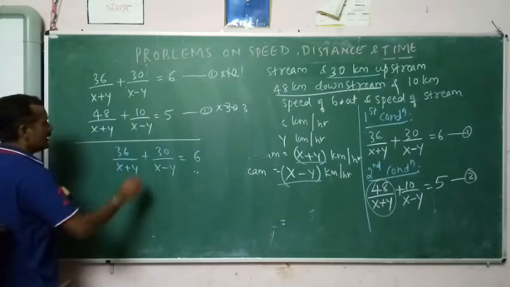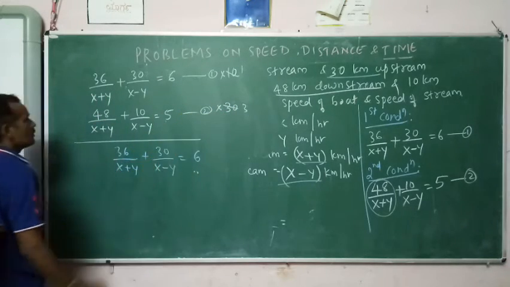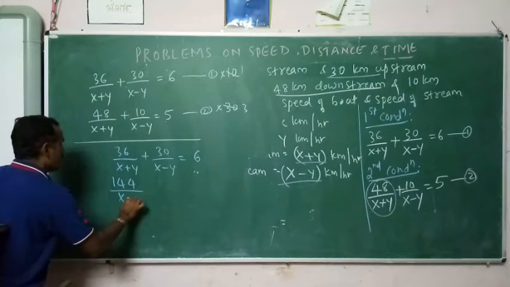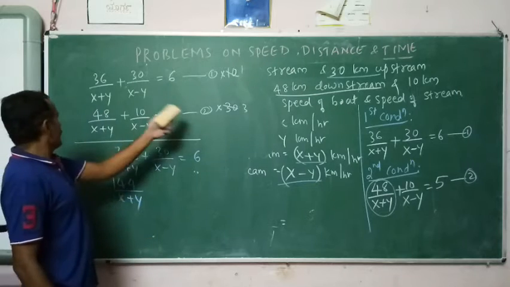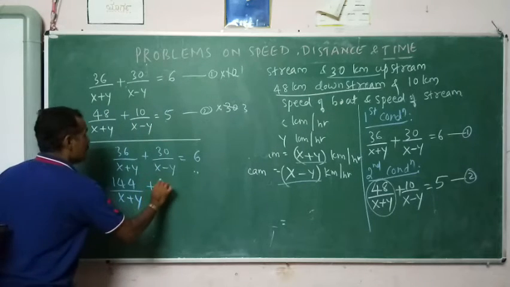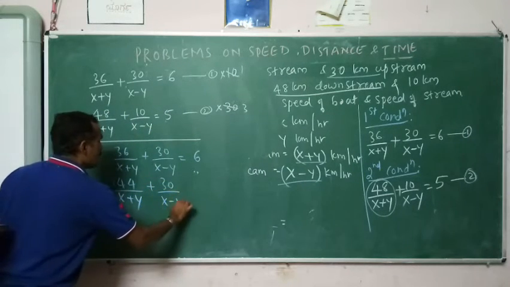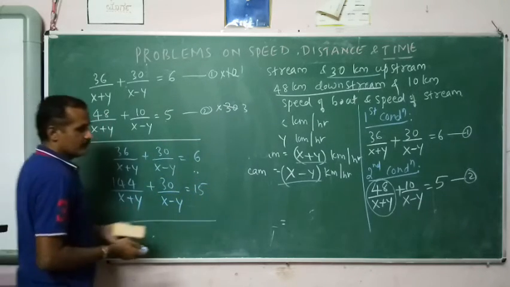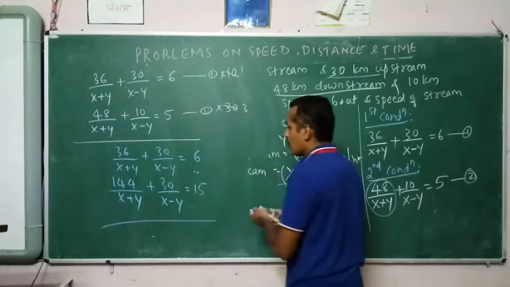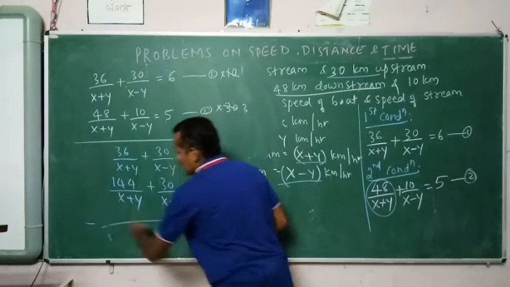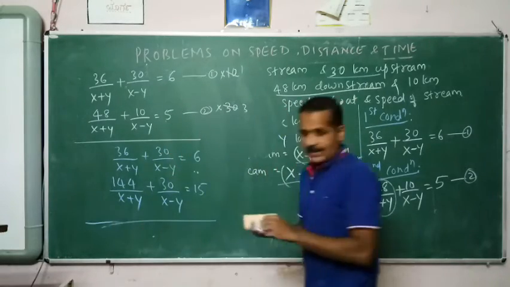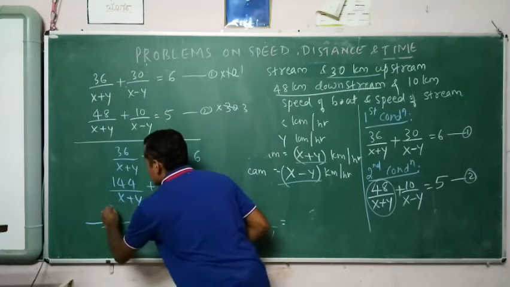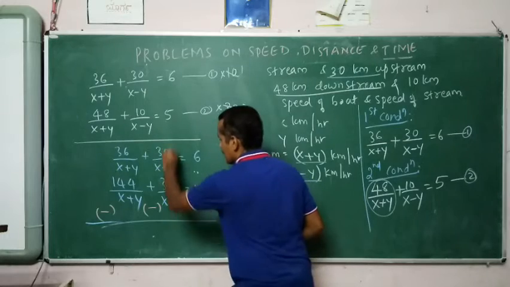If I multiply by 3, 48 times 3 is 144. 144 divided by x plus y, am I right? Plus 30 divided by x minus y is equal to 5 times 3, which is 15. Sign has to be changed. This becomes minus. Cancel.